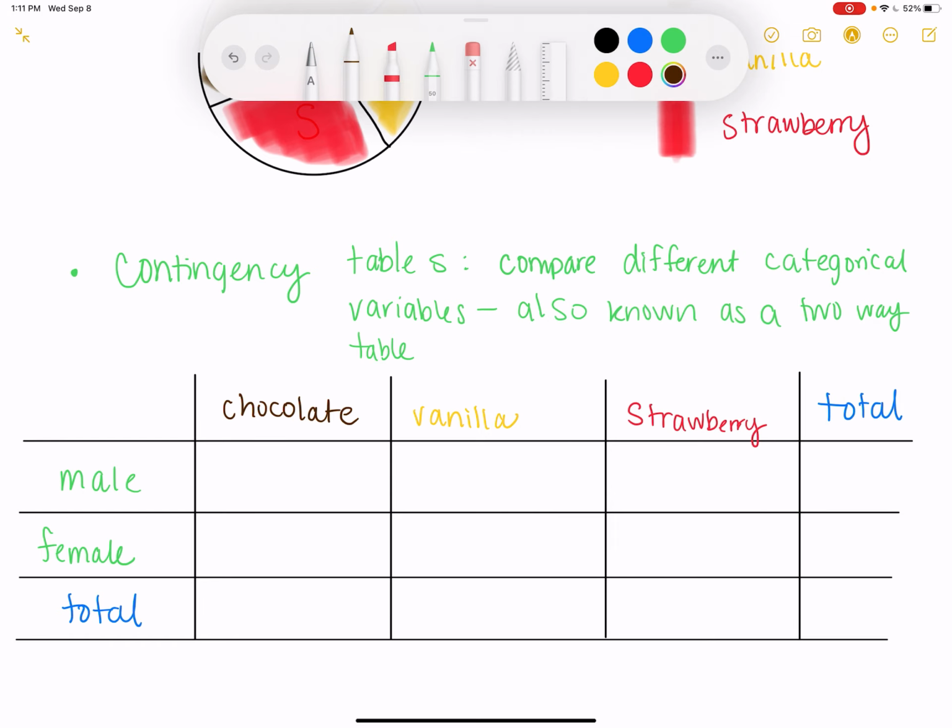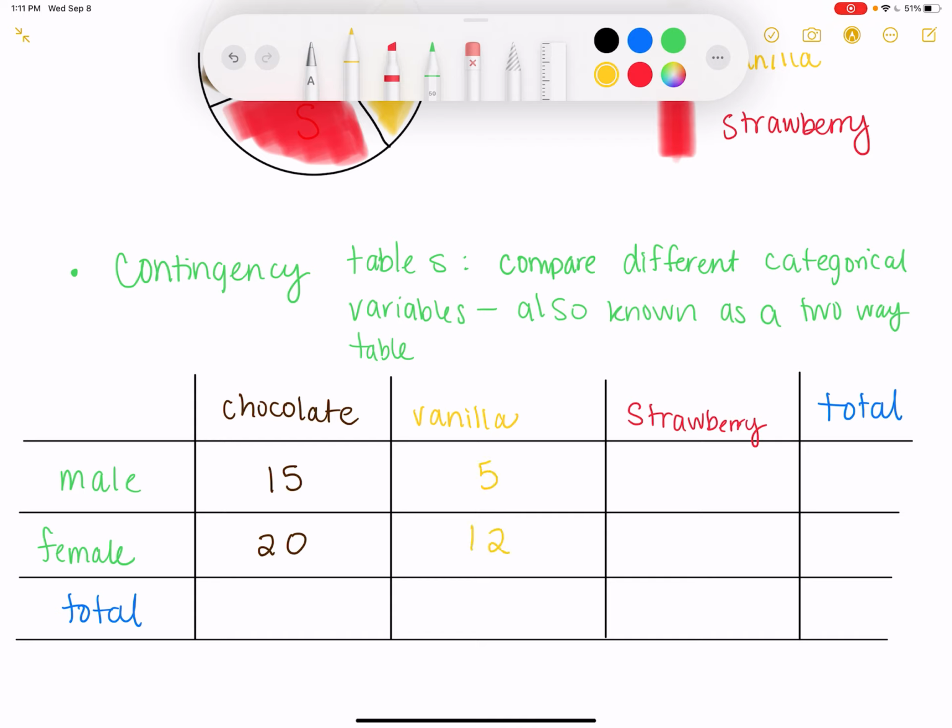All right, so under chocolate for male, it's going to be 15. Katie's numbers are going to be a little different. Female, it's going to be 20. Vanilla, 5 and 12.